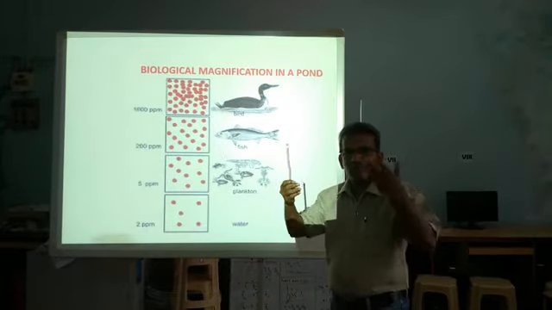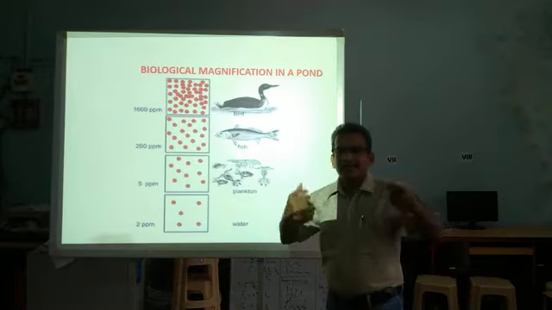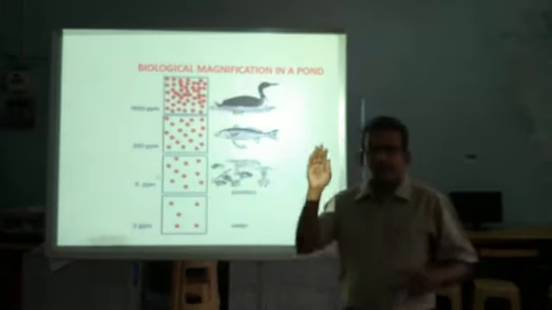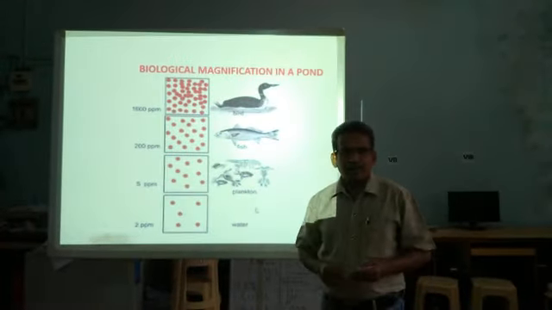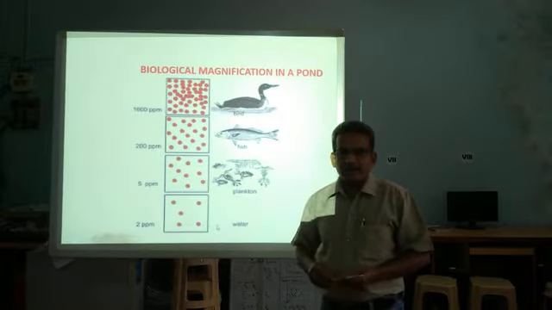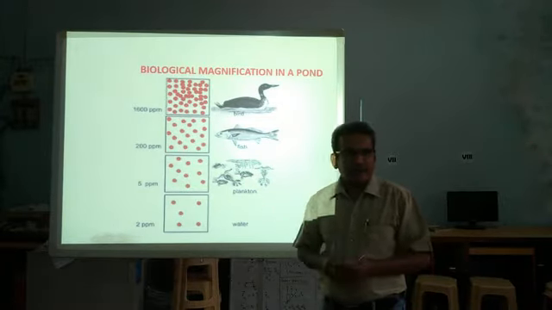As such, whatever chemical has been accumulated in the body of the fish, that in turn enters into our own body. So like that, its concentration would be building up in our body, and once it has crossed a maximum level, our body starts reacting badly, and it may lead to the development of many dangerous diseases.